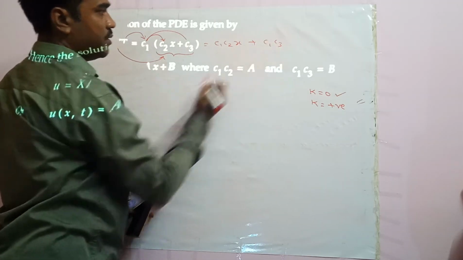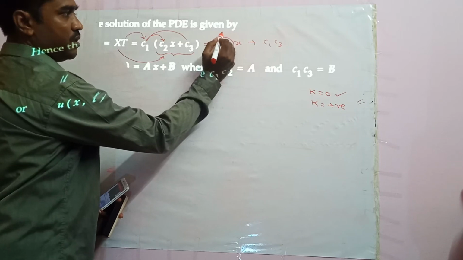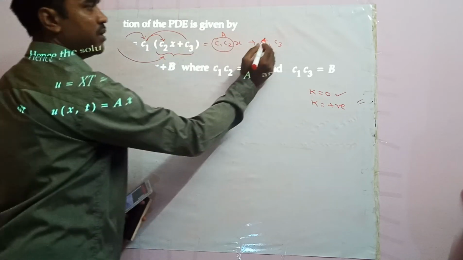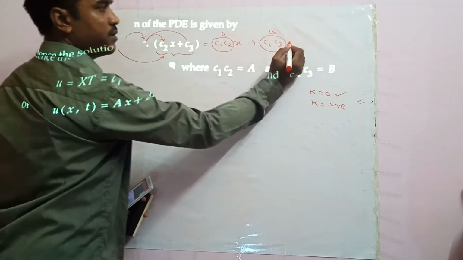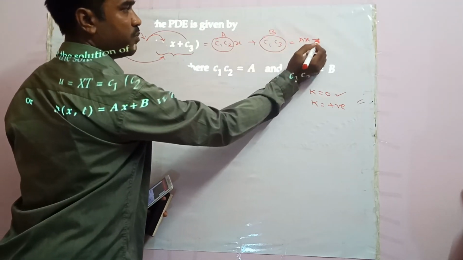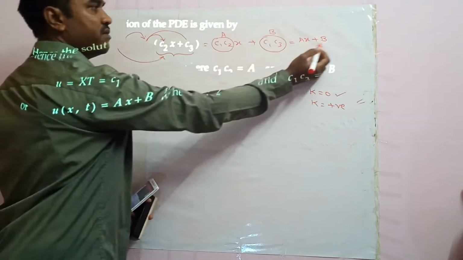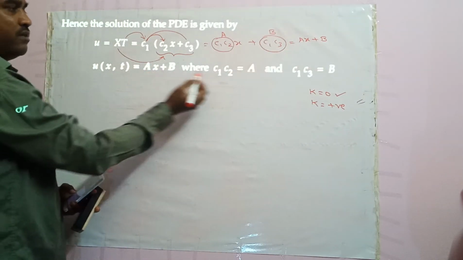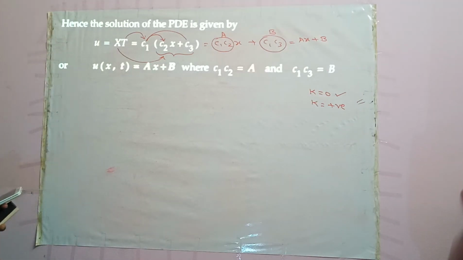Let us consider C1 C2 as A and consider C1 C3 as B. So what do you get? Ax plus B. We will get just Ax plus B as the solution, where A is this and B we have taken as C1 C3.